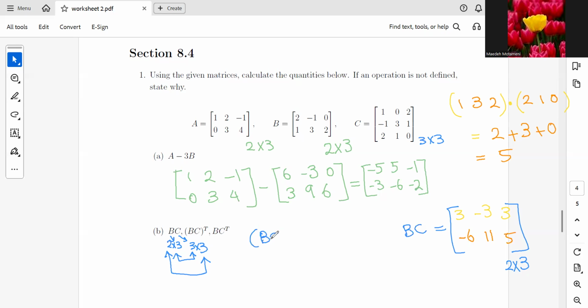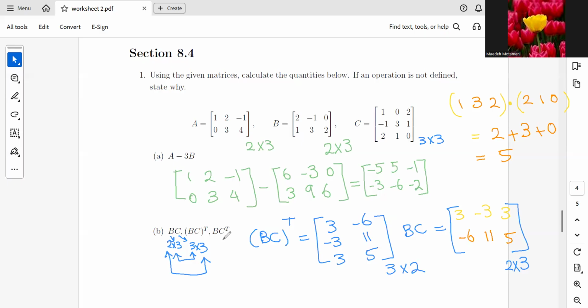We want to transpose that. So instead of 2 by 3, we would have the size of 3 by 2, and we would switch them over. So 3, -3, 3, -6, 11, and 5 here.